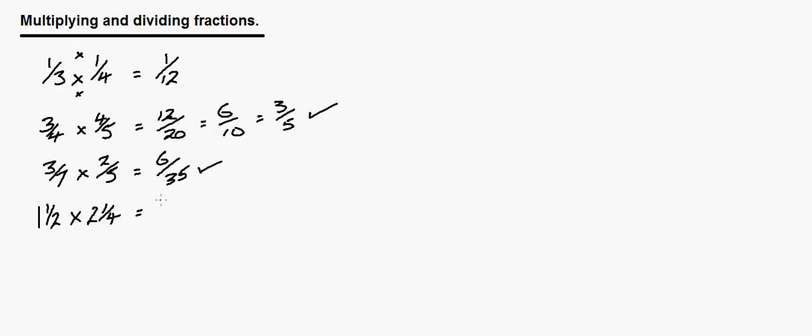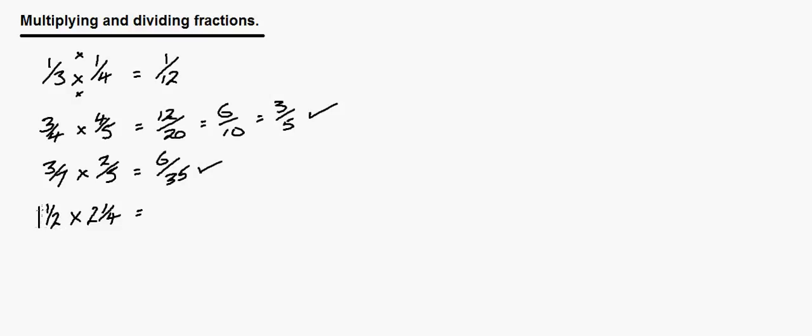This means that it's going to be top heavy. Because 1 times 2 is 2, we know, and 1/2 times 1/4 will give us an answer, but that wouldn't be the correct answer. So we always change these, what we call mixed numbers, to improper fractions.